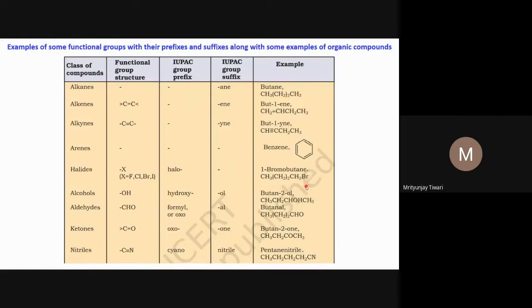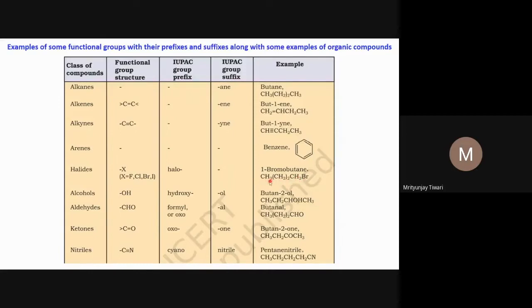We'll number this compound in such a way that the carbon atom which contains the Br group should have the lowest possible number. So this is the carbon atom, and we'll start numbering from this end. The numbering will always start from one end, so this is 1, 2, 3, and 4.